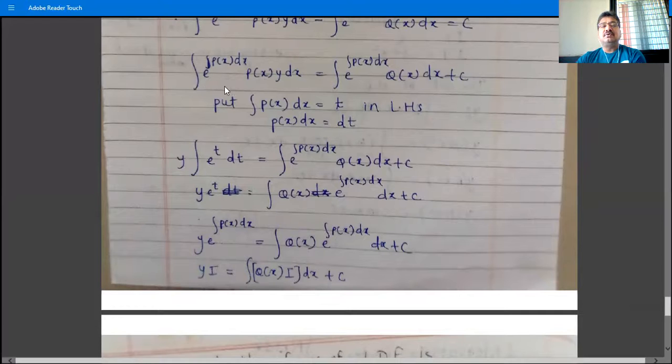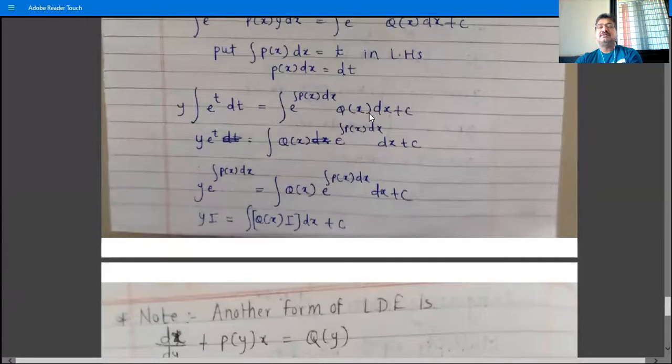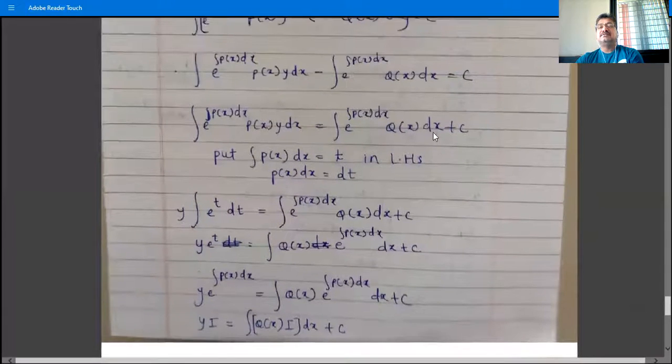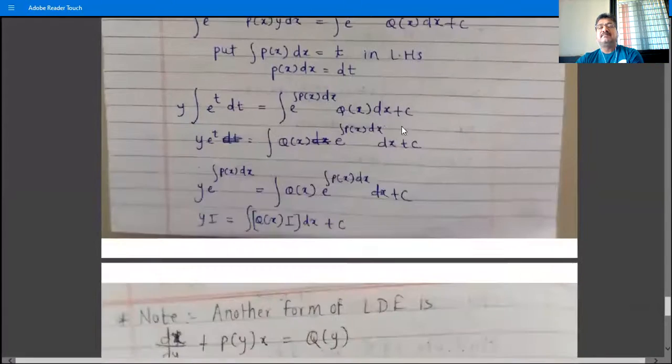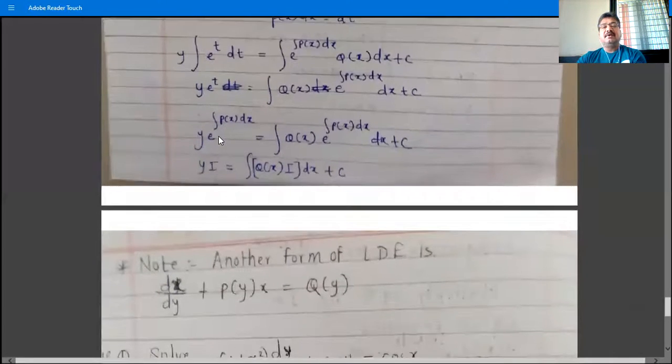Then e raised to t, where integration P dx is denoted by t and P dx is dt. The right side stays as it is, integration of e raised to integration P dx times Q dx, plus a constant. The integration of e raised to t with respect to t is e raised to t, and then substitute t as integration P dx.